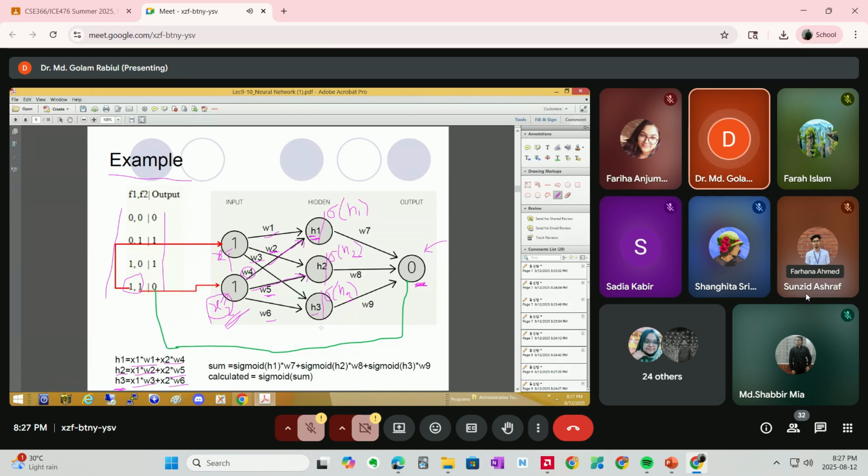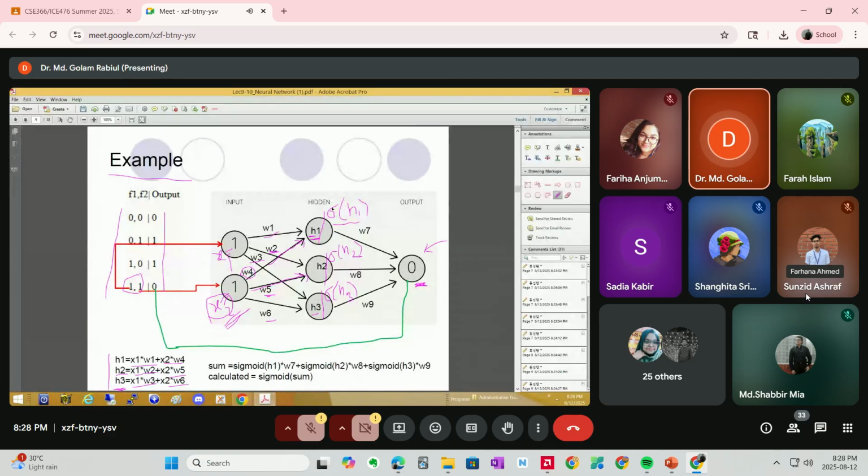Then we have to pass these values to an activation function for non-linearity, because these equations are linear, but the world is not linear. Sometimes in our data set we need to apply non-linearity for classification or regression purposes. So we convert these linear values to a non-linear equivalent utilizing an activation function. There are several, like sigmoid, tanh, softmax, and ReLU activation.